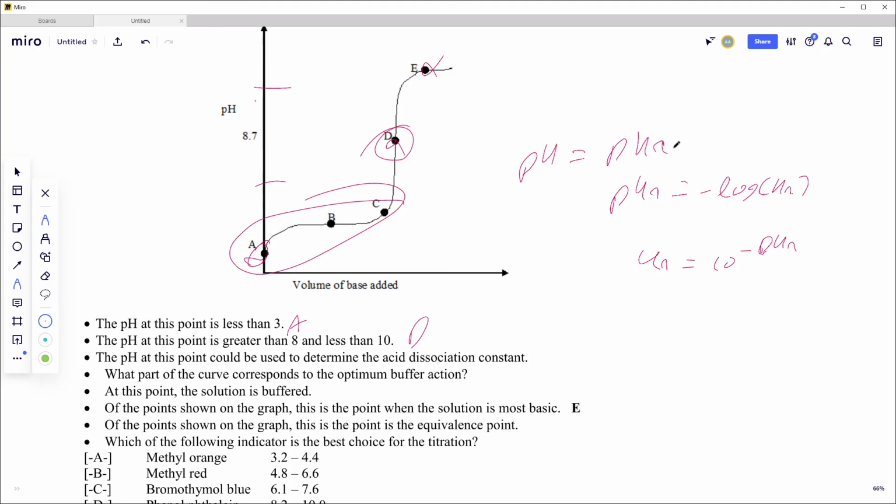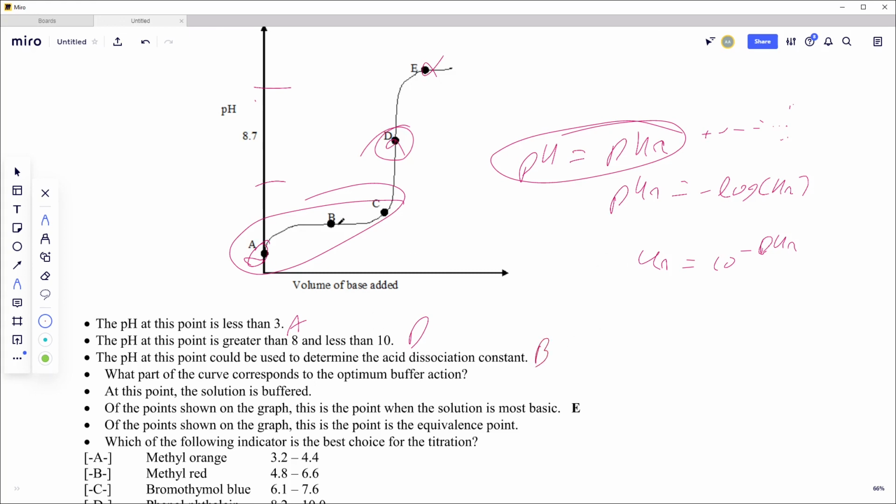Why is this the case? Because this is the point where the weak acid and its conjugate base are in equal ratio. The base over acid is 1, log of 1 is 0, so you're left with pH equals pKa. So again, the point is B.